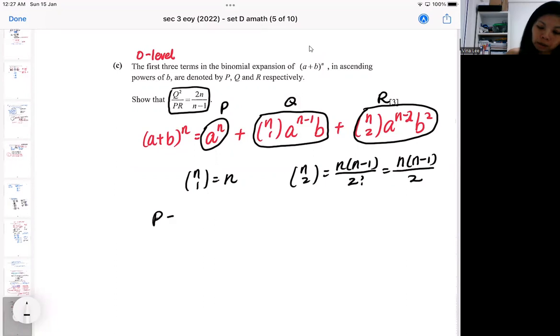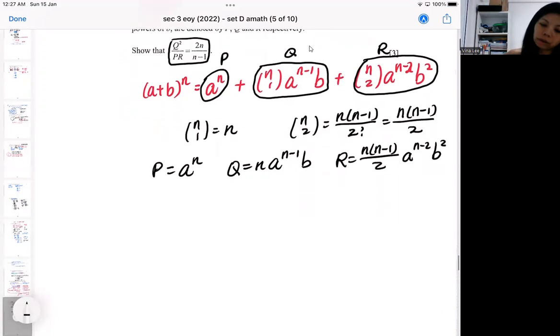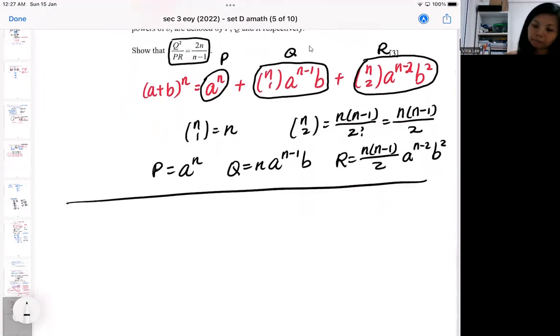So P is equal to this, Q is equal to this, R is equal to this. It looks very complex.